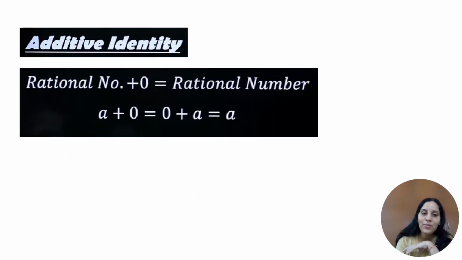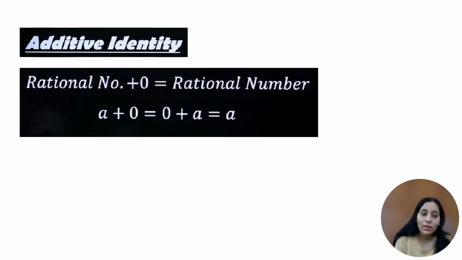Now next up we have additive identity. Additive identity, it has addition in it, right? The name itself has addition in it. Now any rational number plus 0, when you're adding 0 to any number, you end up having the same number because 0 has no value. So a plus 0 or 0 plus a is always equal to a.